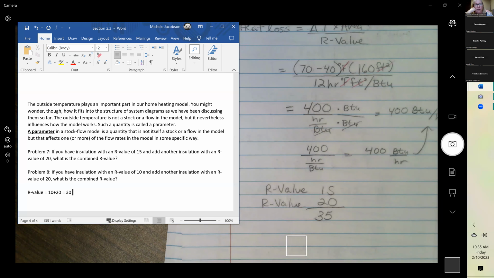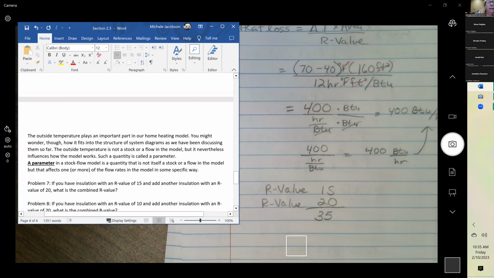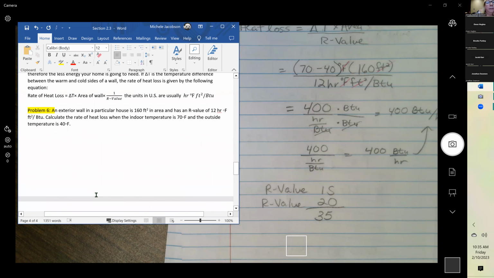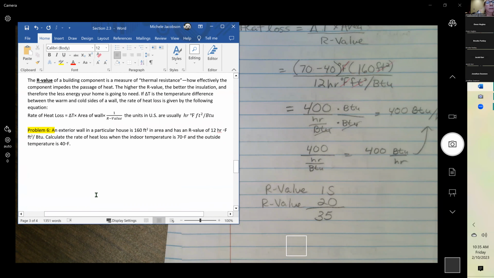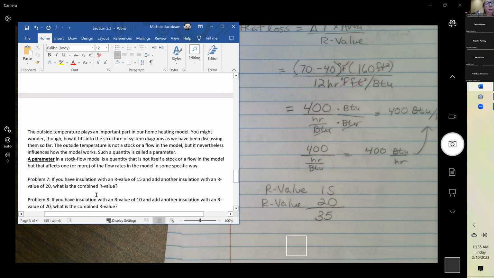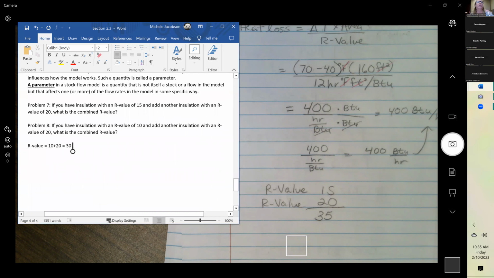And then R value, let me make sure. I believe R values do not have units. Any other questions?